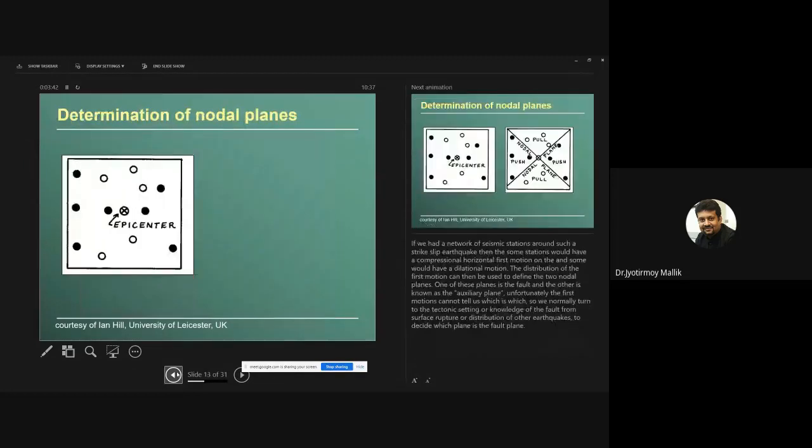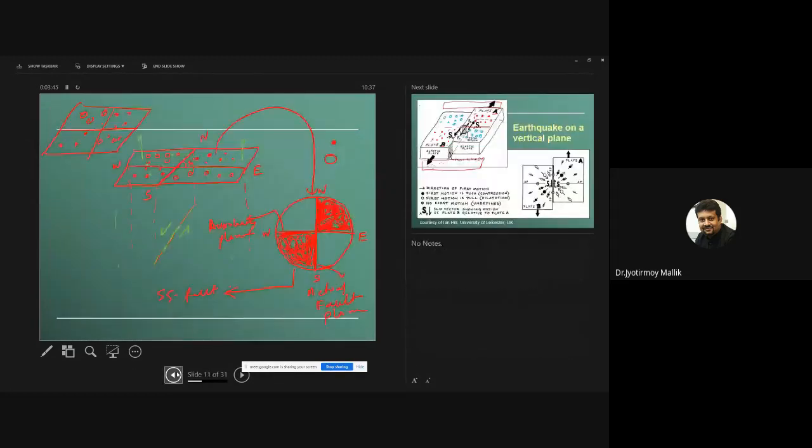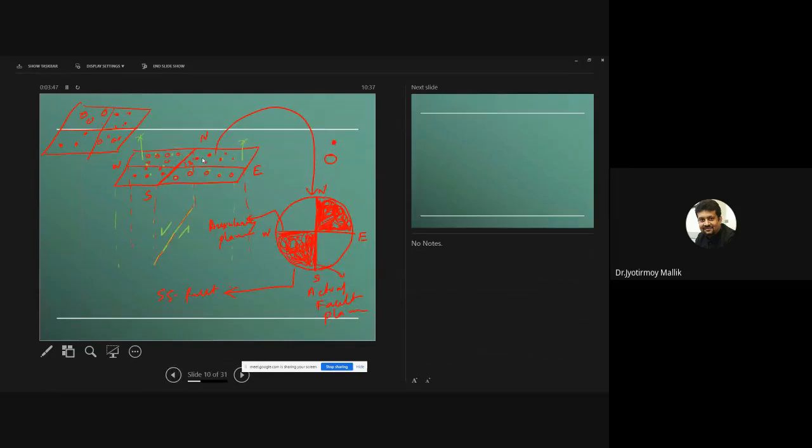You remember when I talked about this, the solid circles are compressions, conventionally, and then you fill it in the stereonet, and the empty circles are dilations, right? So in the stereonet, you leave them blank. It's convention only. Okay, clear?